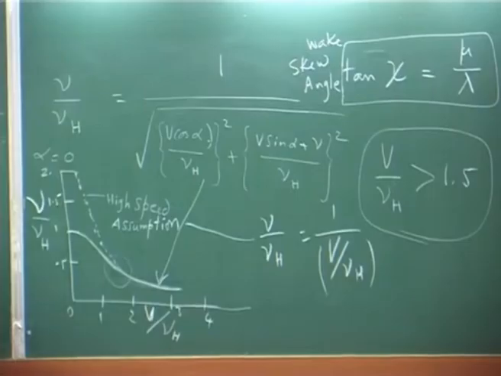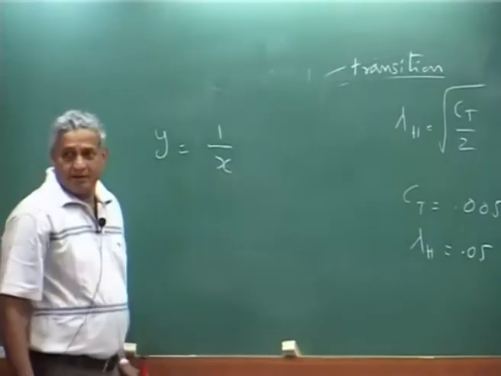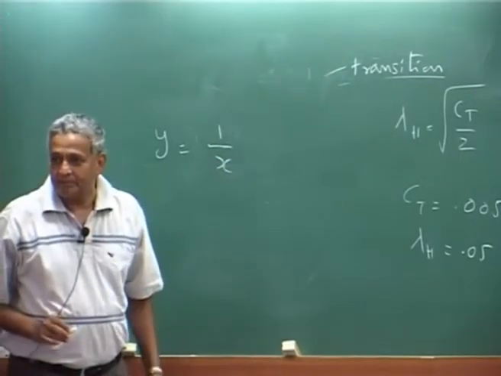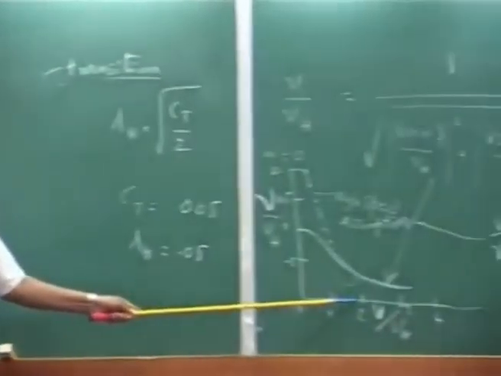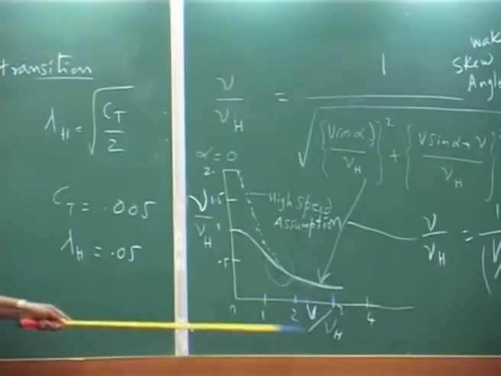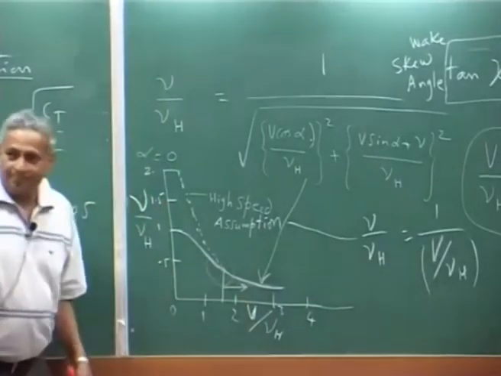See, I am just plotting y equals 1 over x. Okay? How will this curve be? The interpolation should be the other way around, where V is higher. Yeah, V is higher only. When V is higher means, right?